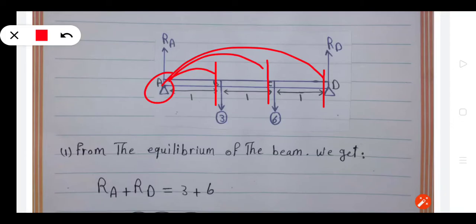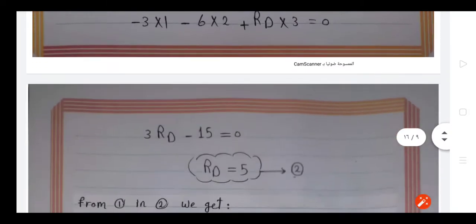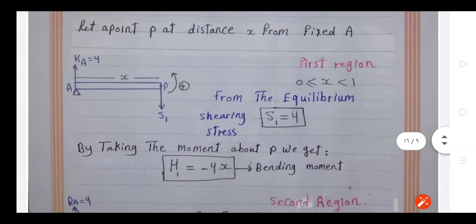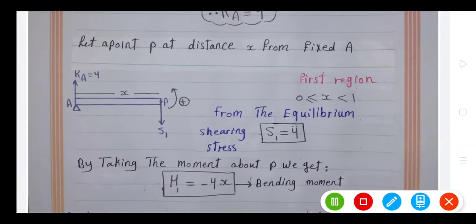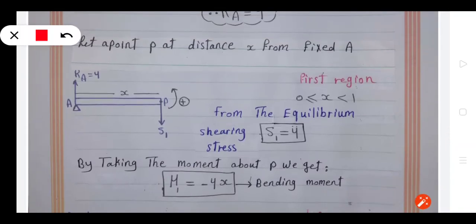Let point O be 0, that's the distance from the fixed point. Now we will study the first part. Let B1 be at distance x from A, with RA equal 4, and the shearing stress is S1. We will have two steps.